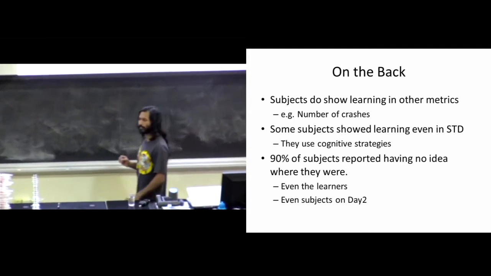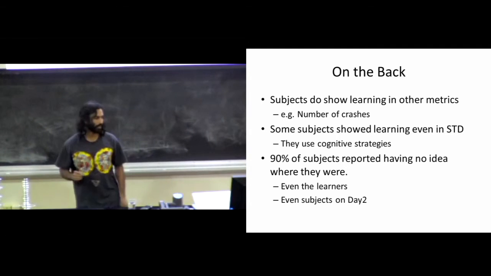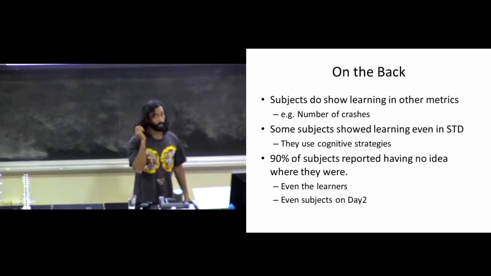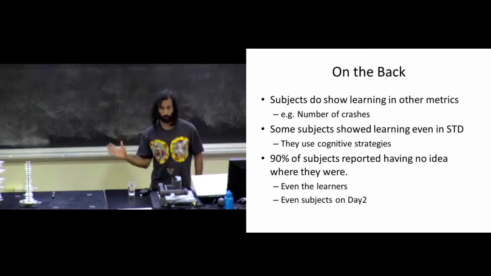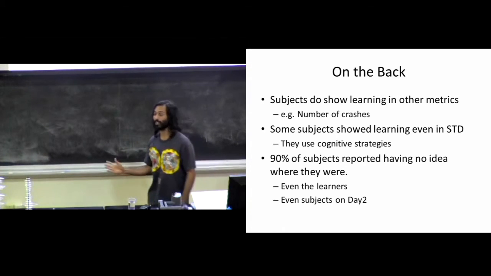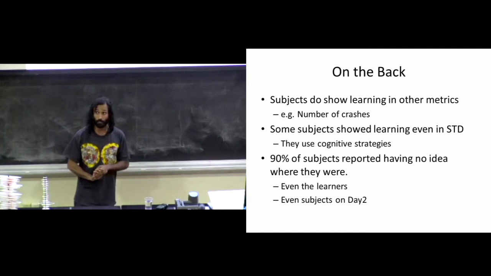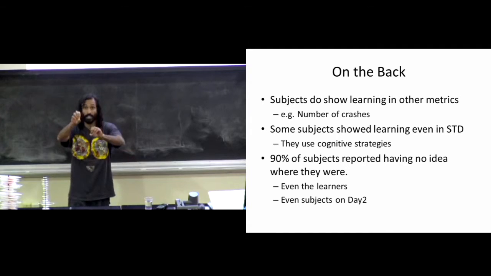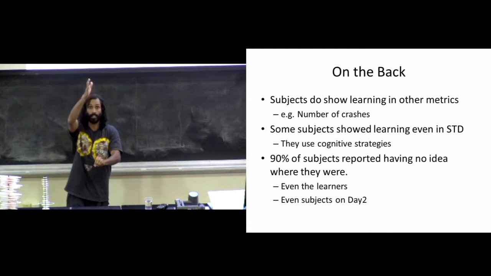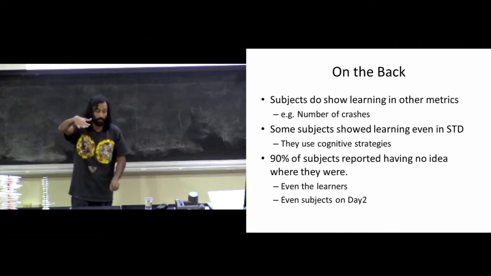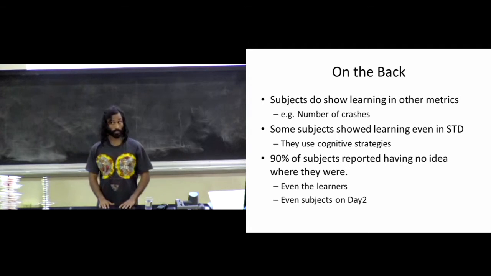The last thing that I want to talk about is that subjects do show learning in other metrics. Pound for pound, almost everyone shows learning for crashes, minimizing their crashes. In addition, there are some subjects, if I group them by good performers, that actually show learning in the standard deviation, a decrease in the standard deviation. And they use cognitive strategies to do that.